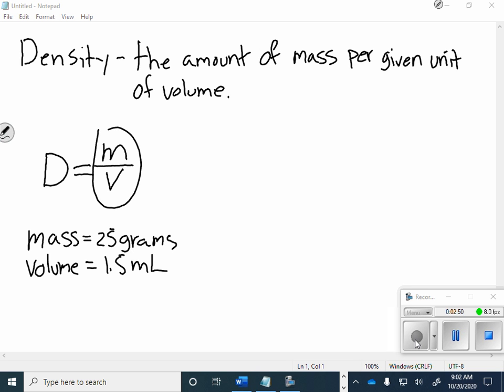Now we know the mass and we know the volume, so we can find the density. We just say, okay, every time we see an M, we plug in 25 grams. And every time we see a V, we plug in 1.5 milliliters.